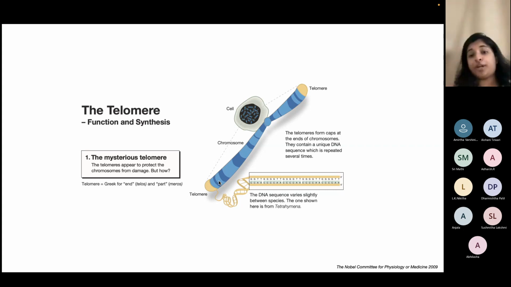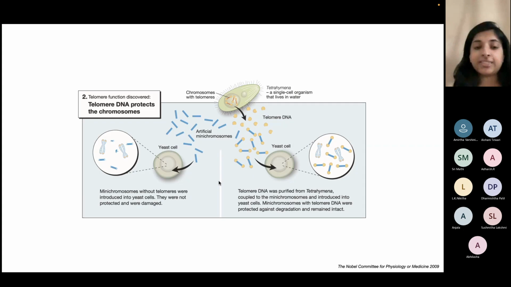And how they were identified is fairly interesting because they observed that there is this unicellular ciliate called Tetrahymena, and there were artificial mini chromosomes, like small chromosomes, present within these organisms. And when they were isolated and transformed into a yeast cell, then these yeast cells would degrade these chromosomes and they were not protected.